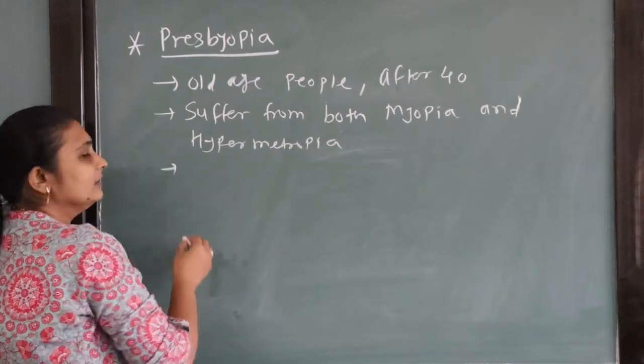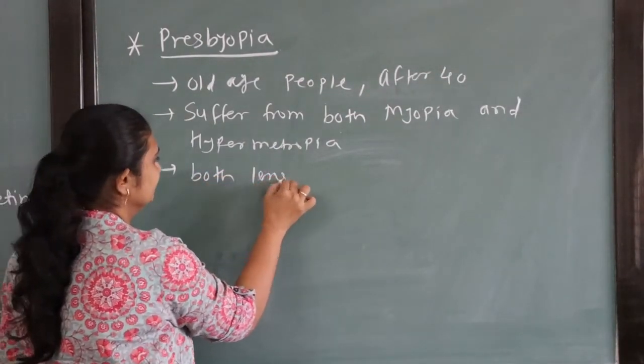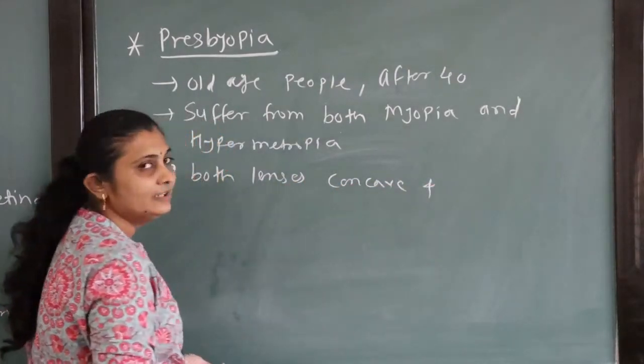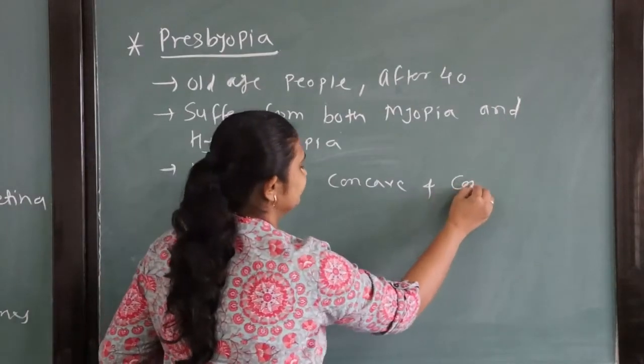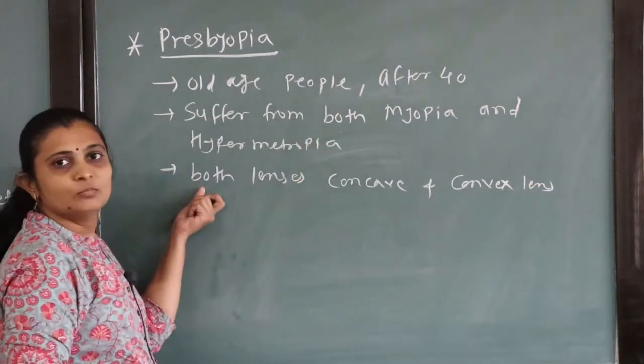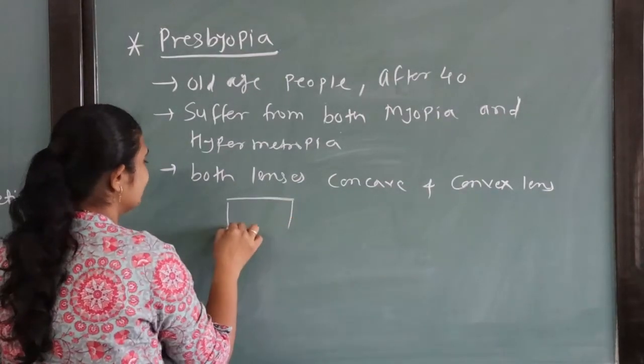Now, for this person use both lenses, concave and convex lenses. Now, suppose these are the spectacles.